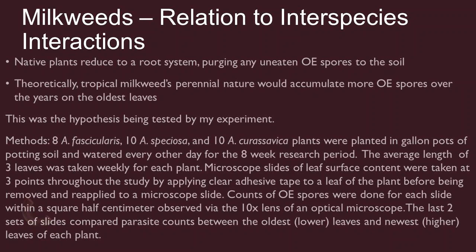And this is the hypothesis that my experiment tested, with my methods being having a number of individual plants per species in gallon pots that I then monitored in terms of growth and parasite count at set points using an optical microscope and Scotch tape, which is common practice with OE spores.